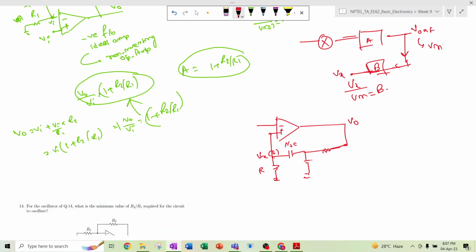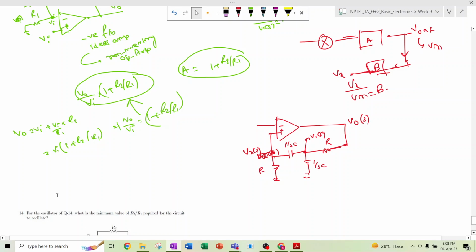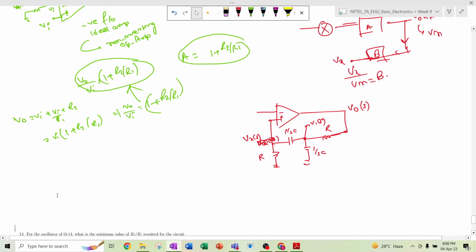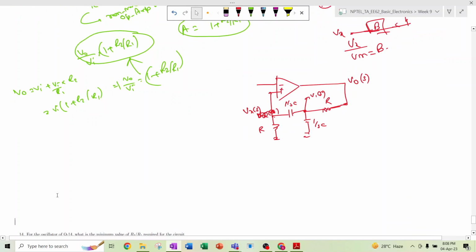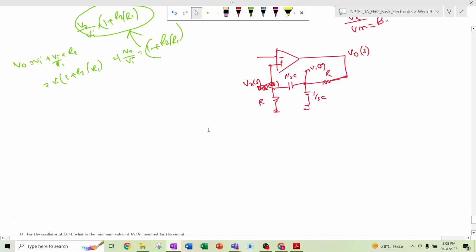And R will be R. Similarly, it will be 1 by SC, it will be R, and this is nothing but V plus, the VXS, and if we consider this as V1S, this is V0S, then what can we write?